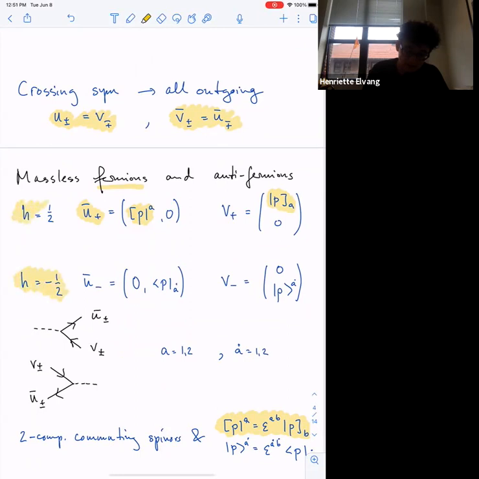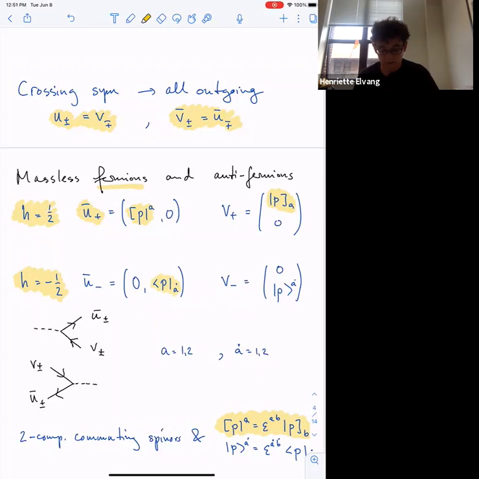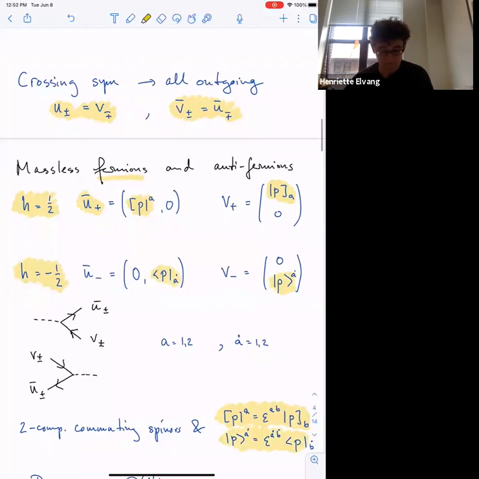So this was the positive helicity, 1/2. For negative helicity, the U bars have entries only in the 3rd and 4th entries. We denote those by dotted spinors. So those are the angle spinors P, and likewise for V minus, there's also an angle spinor P. And again, you can raise and lower the index on these things, and that's how they're related through the contraction with the Levi-Civita.